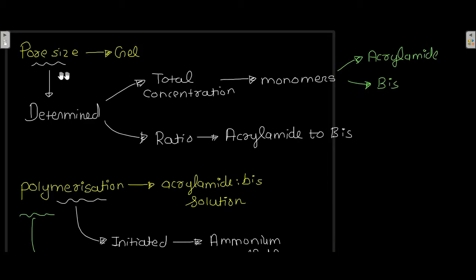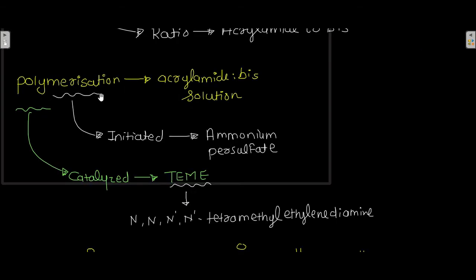Now the pore size of this polyacrylamide gel is determined by the total concentration of monomers which are used, that is, the total concentration of acrylamide and bis, and the ratio of acrylamide to bis. The pore size of your polyacrylamide gel depends on these two things. The polymerization of the acrylamide and bis solution is initiated by ammonium persulfate.